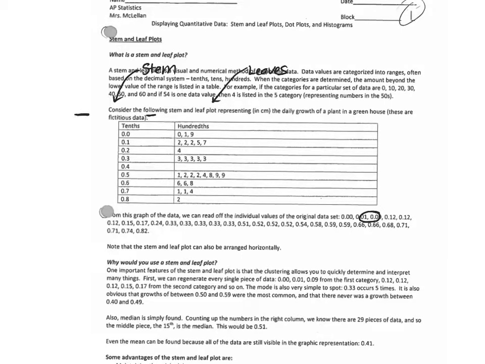So 0.01 is this next piece of data, 0.01 and 0.09. So these first three pieces of data are the ones that are in that row right there. Okay? So the good thing about a stem and leaf plot is you can see every single individual piece of data. You can also see, like here's the maximum, 0.82 is that little guy right there, 0.82.